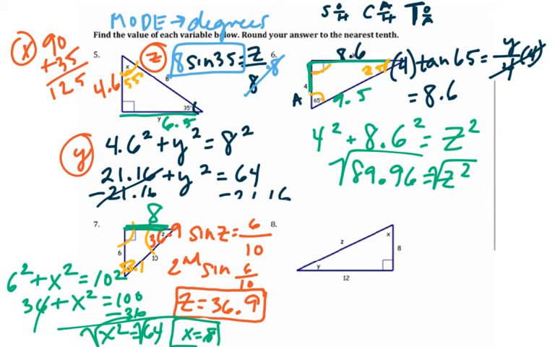So do the same thing with number 8. I'm going to set you up. Let's say we're going to take away this guy, and this guy. So to solve for x, we have an opposite and we have an adjacent. We don't have a hypotenuse. So that means we're going to set it up as tan x equals opposite over adjacent.